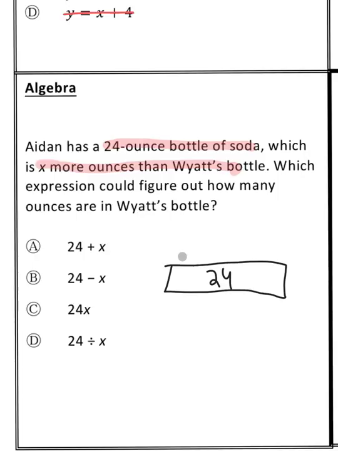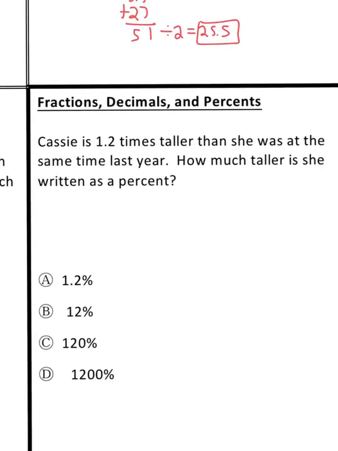And Aiden's is X ounces more than Wyatt, which means if we have to find Wyatt, we'd have to do the opposite, and Wyatt's would be X ounces less. So your equation is going to be, you take Aiden's 24 ounces and subtract X, and you'll get Wyatt's, which is B.